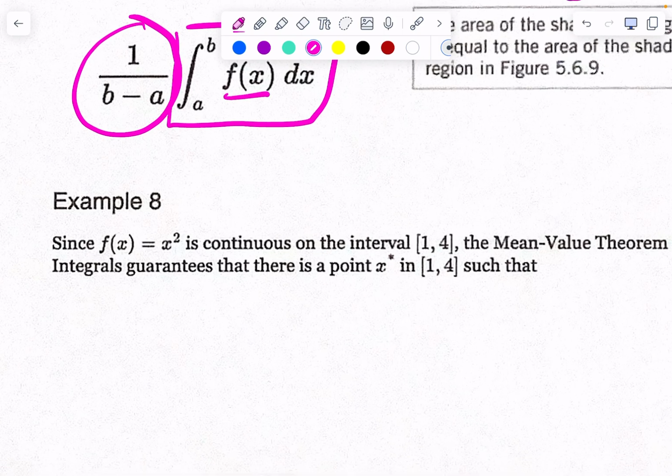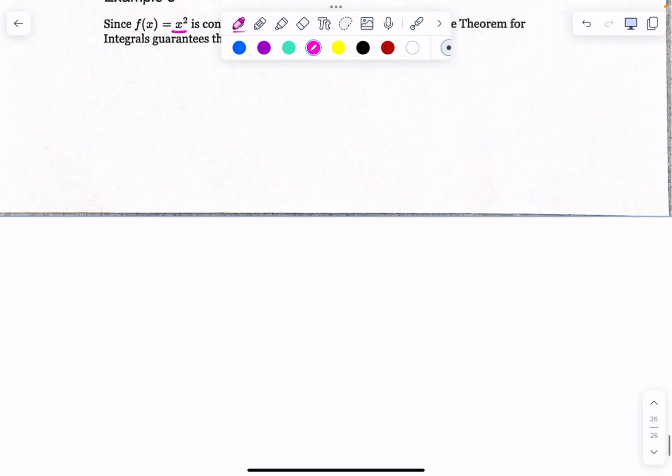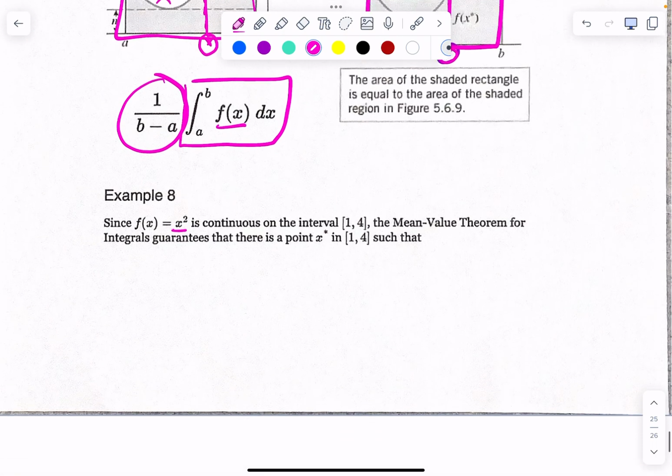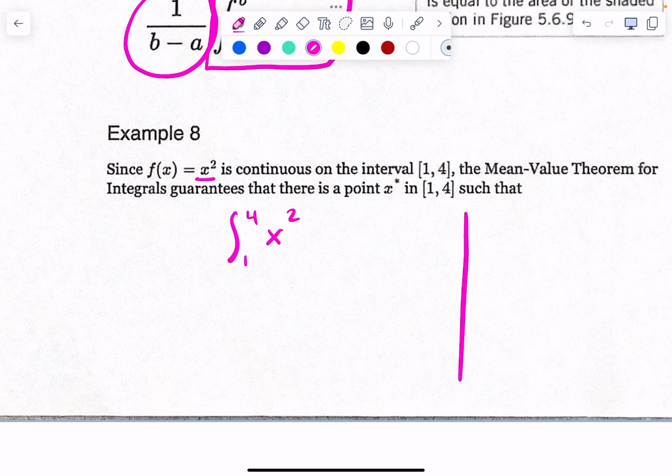So since f of x equals x squared is continuous on the interval from 1 to 4, the mean value theorem for integrals guarantees that there is a point from 1 to 4 such that, I cut off. It's fine. Okay, we get it. Let's do this thing. So we're going from 1 to 4 of x squared. I'm just going to graph this and see what it looks like.